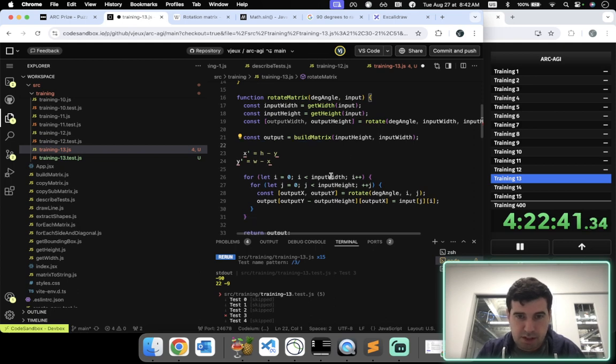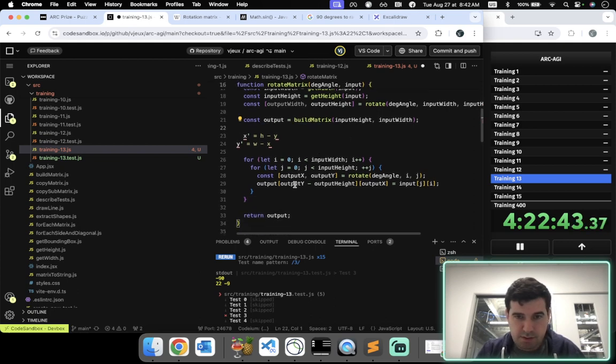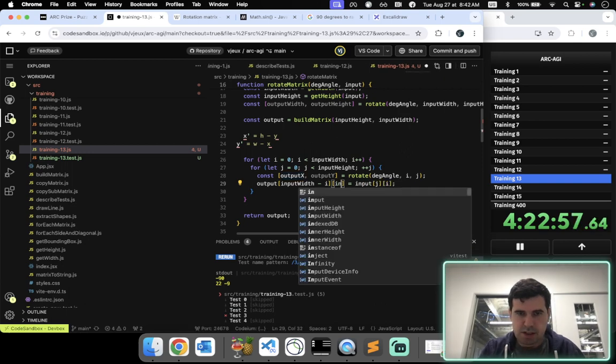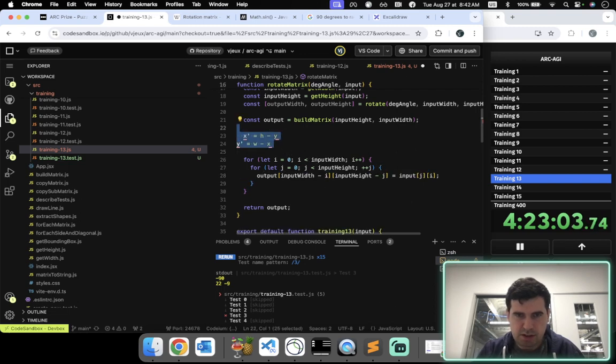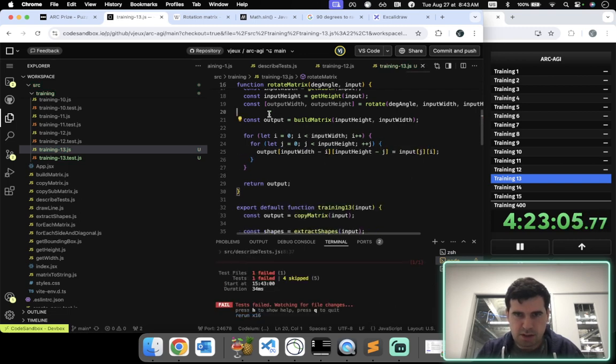Okay, and so the y prime equals input width minus i, input height minus j. Okay, we don't rotate, and we don't rotate.